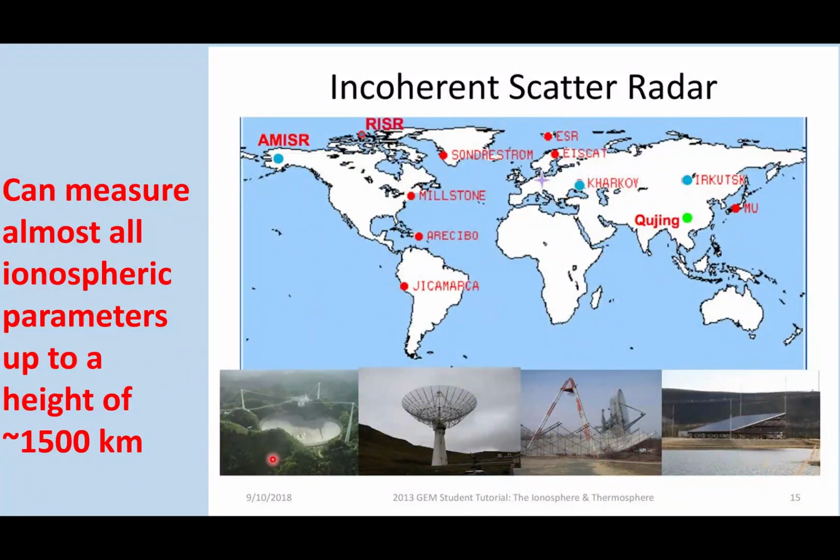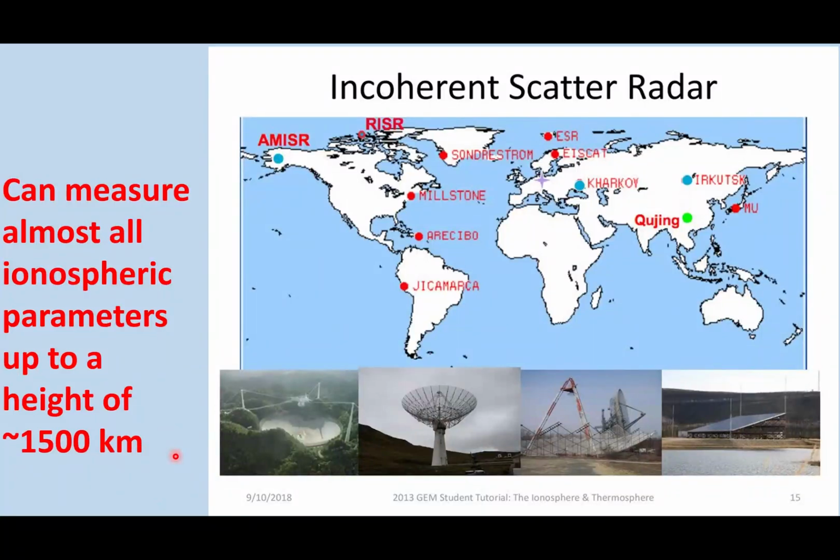It can measure almost all ionospheric parameters, not only the electron density, but the electron temperature, ion temperature, and the movement of the ionosphere with some velocities. Many parameters can be measured. It's a very powerful technique. Measurements up to a height of about 1500 kilometers can be obtained.